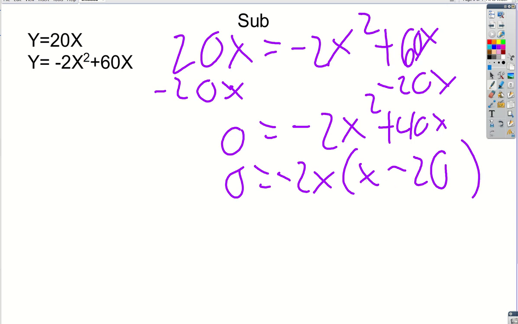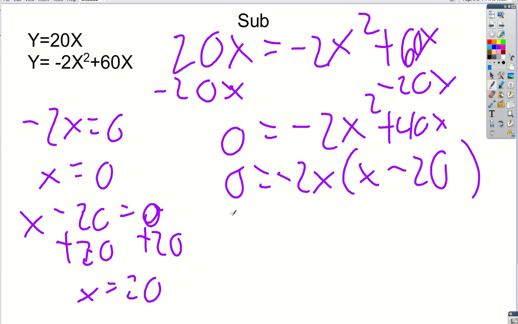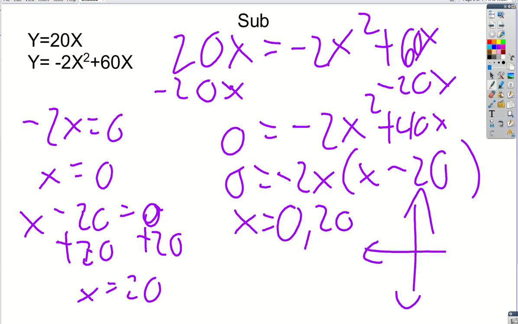Now that I have my 2 factors, I can set both of those equal to 0, and solve for x. So my 2 x-intercepts are at 0 and 20. And again, I have some kind of parabola, some kind of line. They cross at 0, and they cross at 20.